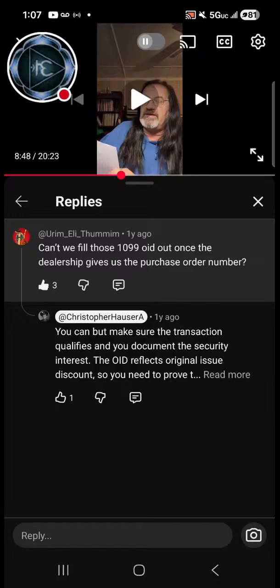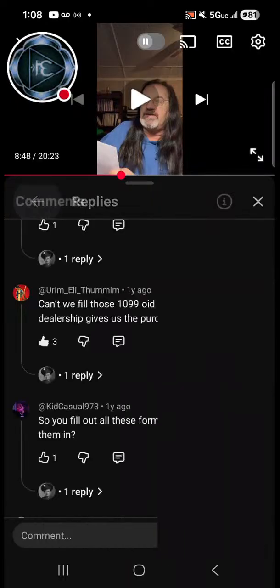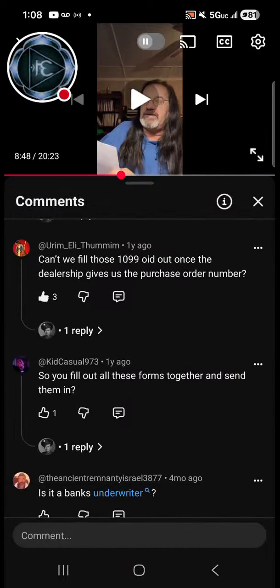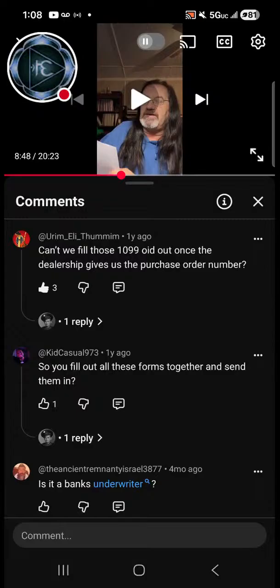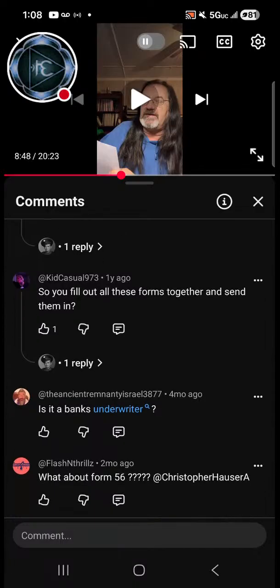Now he's telling people after the fact the OID reflects original issue discount, so you need to prove there was a transaction where you were the source of the credit. Okay? So these are after-the-fact facts that need to be woven in. So you fill out all these forms together and send them in.